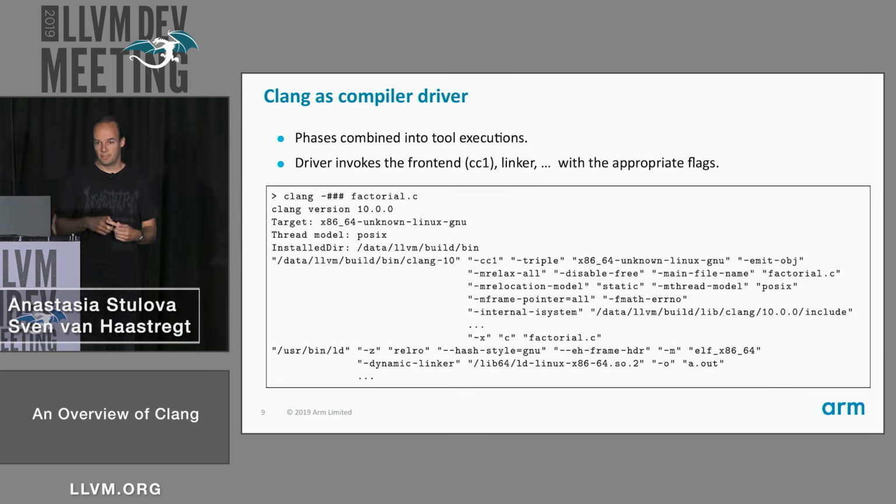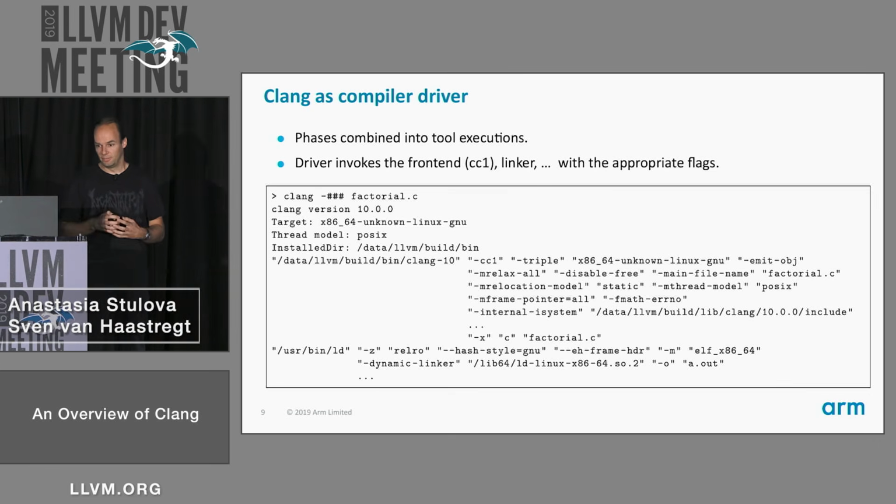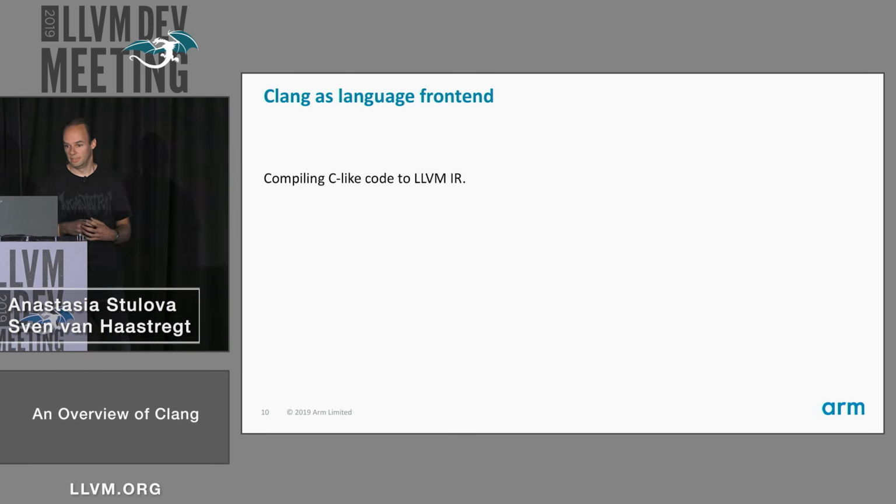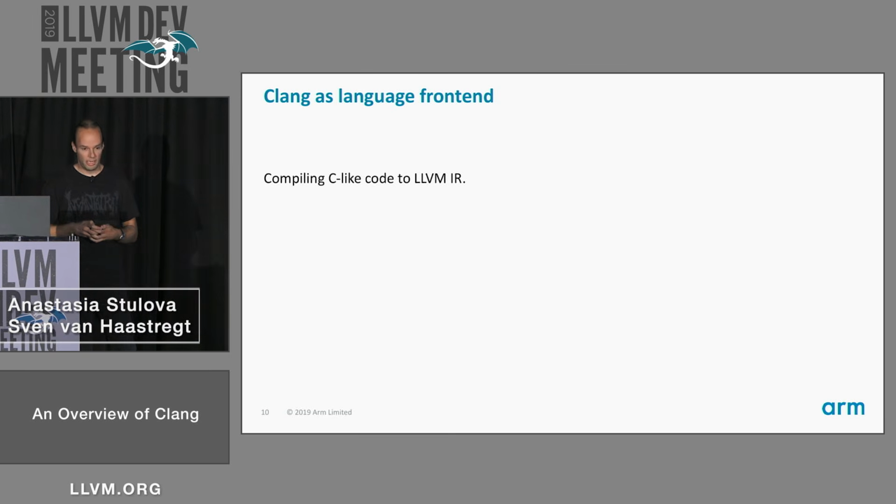That is pretty much all we were going to say about the compiler driver in this tutorial. So let's talk a bit about the front end. The main task of the front end is to take any C-like code and compile it into LLVM IR. But actually, Clang is doing a lot more than just that.